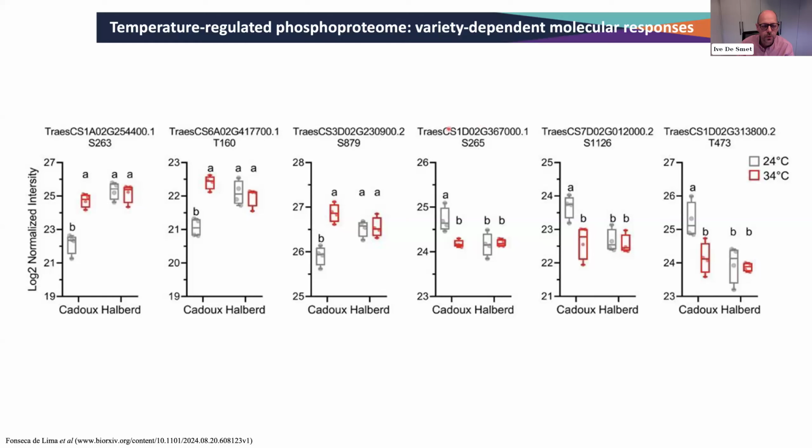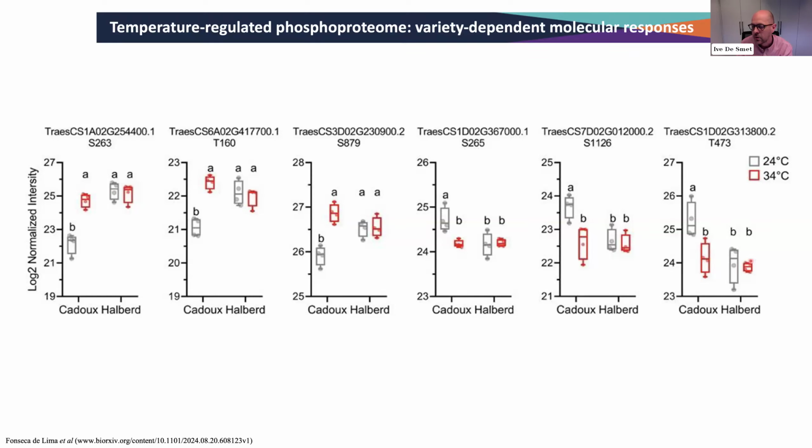If we then look at our tolerant variety, where we map this to a non-change, what we see is that it is not necessarily a change towards the up or the down regulation, comparing the control versus the treatment, but that actually under the control conditions, there is already an elevated phosphorylation status of these proteins, and therefore this does not further change.